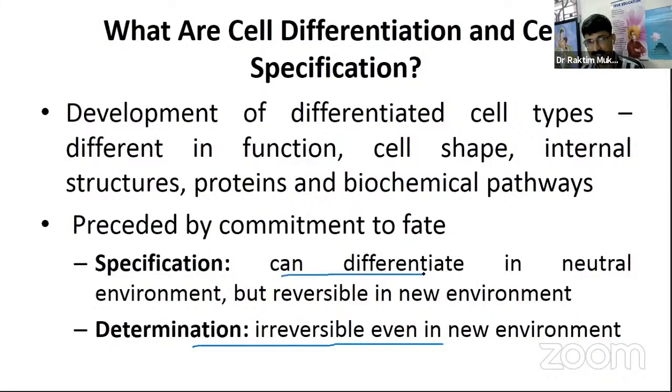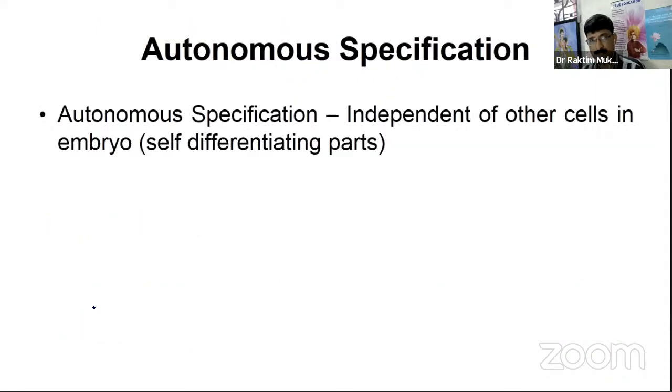Specification can differentiate in a neutral environment, but is reversible in a new environment. Determination is irreversible even in a new environment. That's the basic difference between specification and determination. What is autonomous specification? Autonomous specification is independent of other cells in the embryo, that is self-differentiating parts.